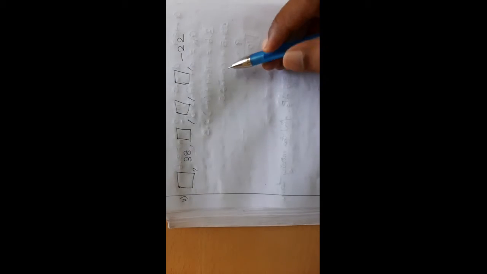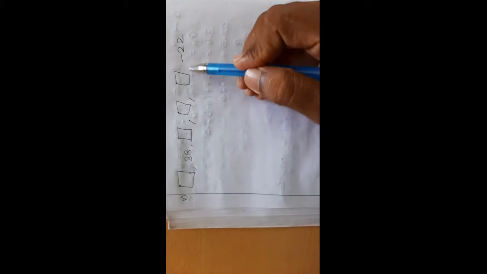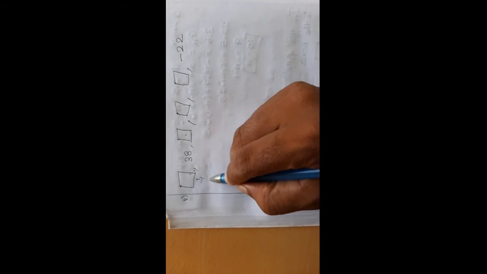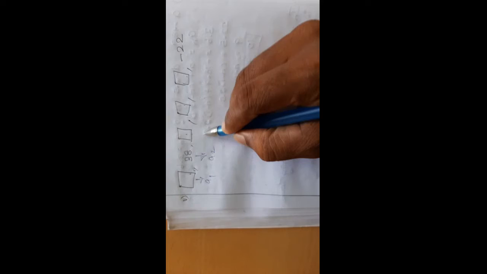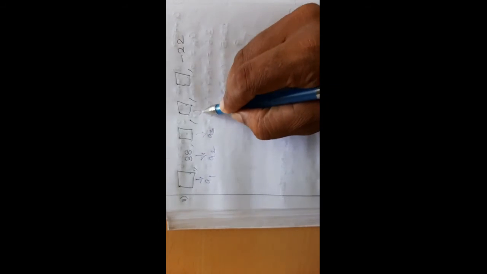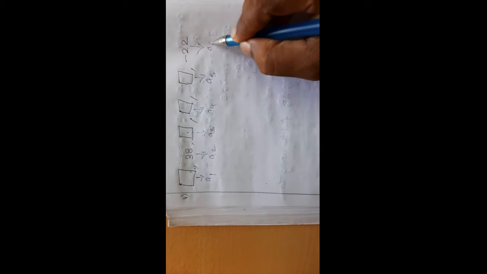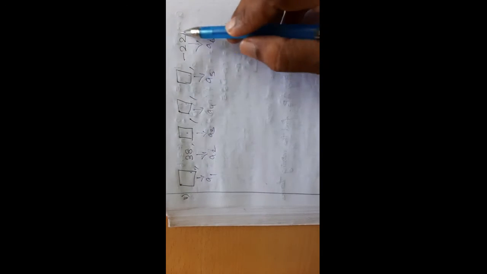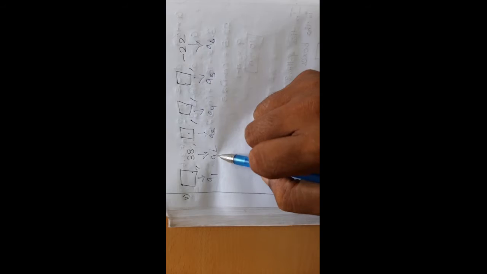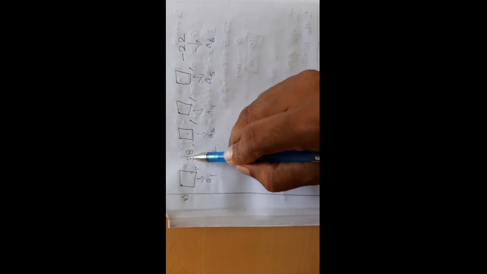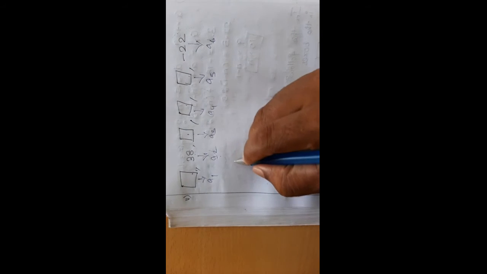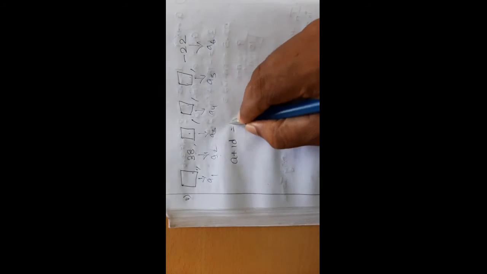Here we go for the next problem. We have to fill these boxes. This is the first term a1, and this is a2, a3, a4, a5, and this is a6. We know a2 and a6. a2 can be represented as a plus 1d, so a plus 1d is equal to 38.